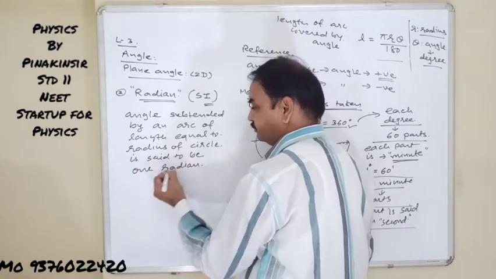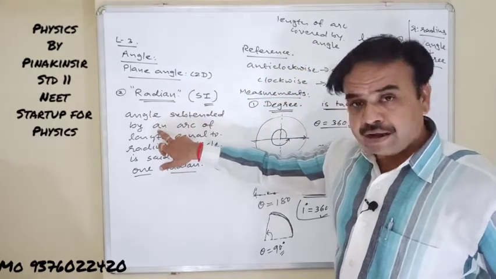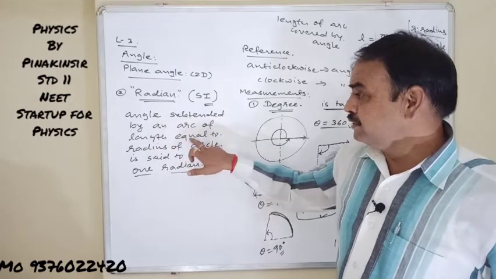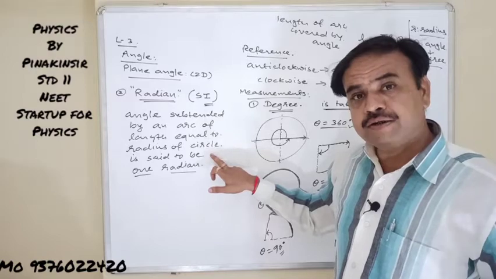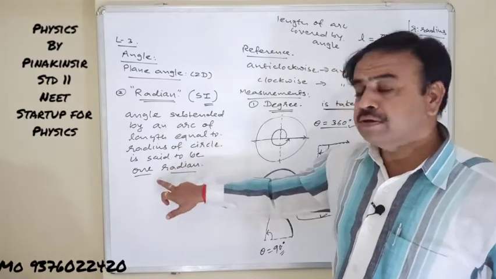Once again, angle subtended by an arc of length equal to the radius of the circle from which that arc is taken. Radius of circle is said to be 1 radian.